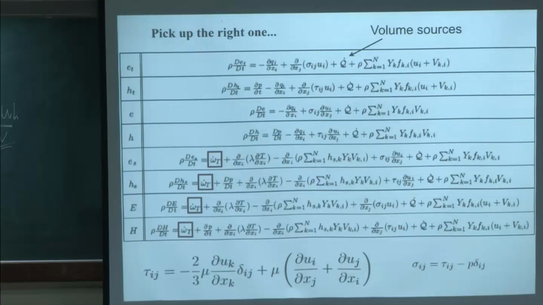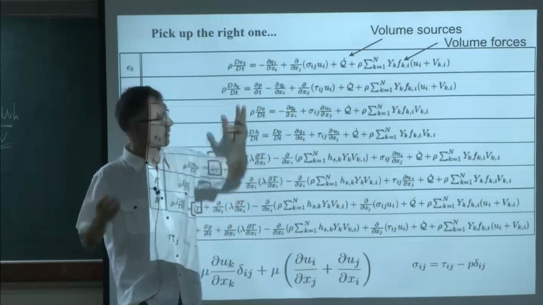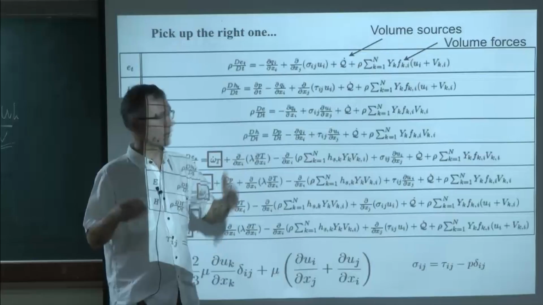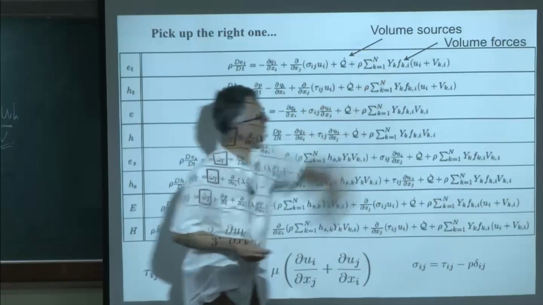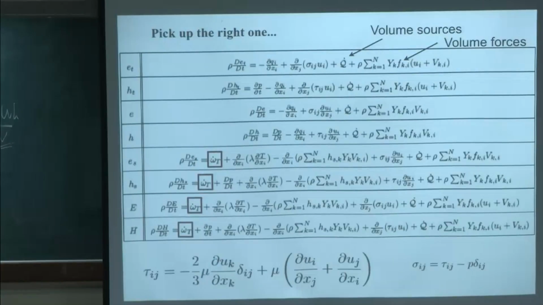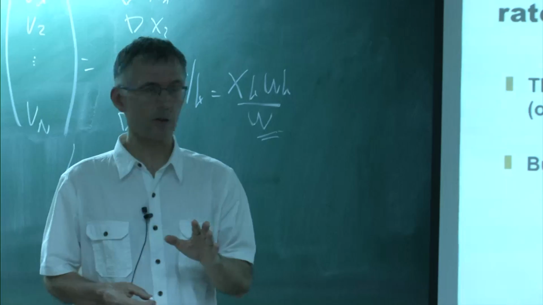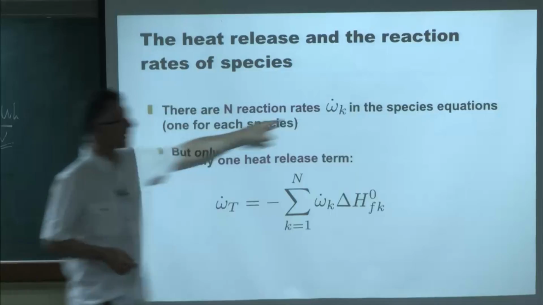Now, in most codes also, these volume sources are 0, except, again, if you're doing funny things with magnetic fields or electric fields. And the volume forces also are 0. So that simplifies a little bit the equations. So let's go talk about heat release now. In each species equation, you have a reaction rate omega dot k.